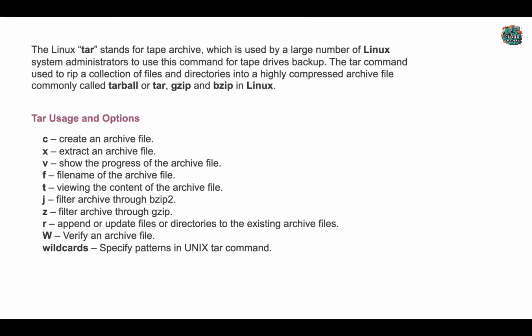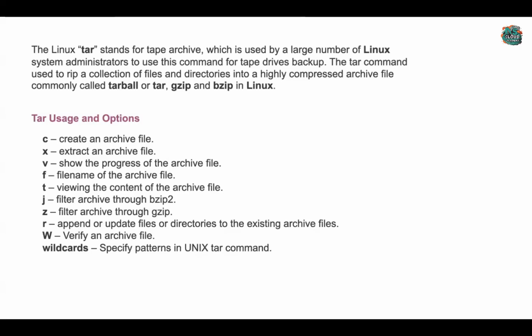C means create an archive file, x means extract an archive file. v is for verbose, which means if you want to see the process, you have to use v. And f means file of the archive, so you have to define a file name. t is for viewing the content of the archive file.